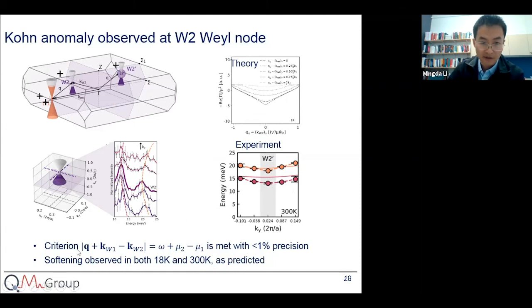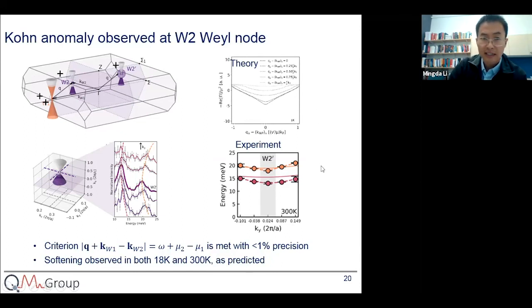And the theory predicts this criterion, and that criterion is met with very high precision, less than 1% error. Comparing with the theory, which is bowl-shaped, we don't have too many points, but we can see generally there is some softening, a bowl-shaped parabolic softening also being observed.